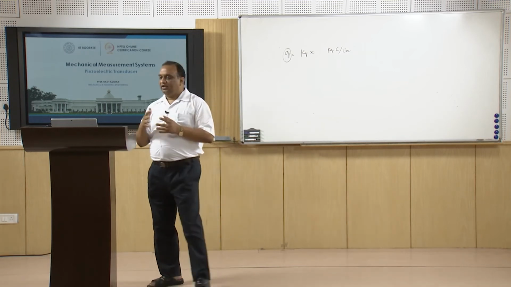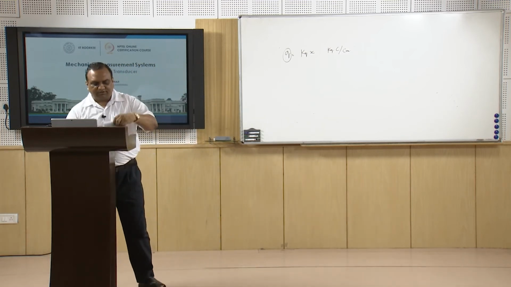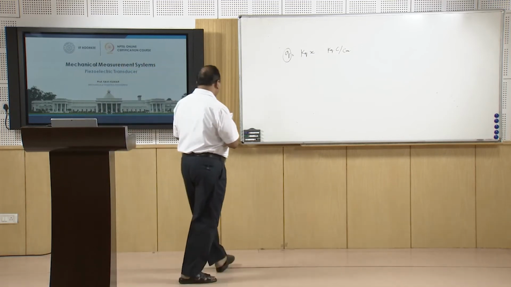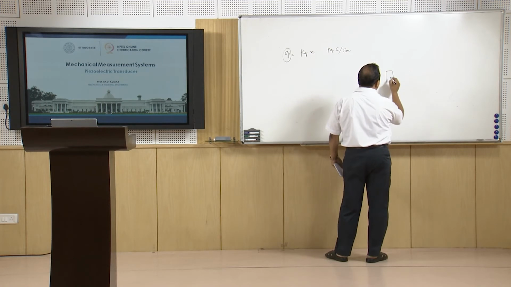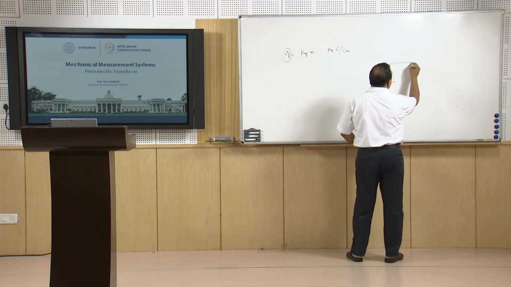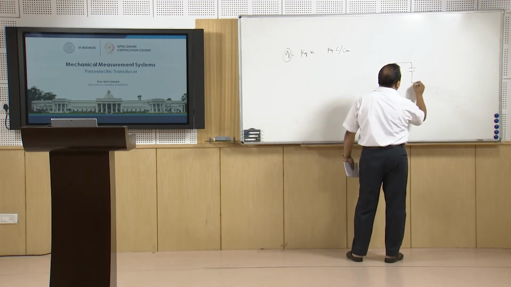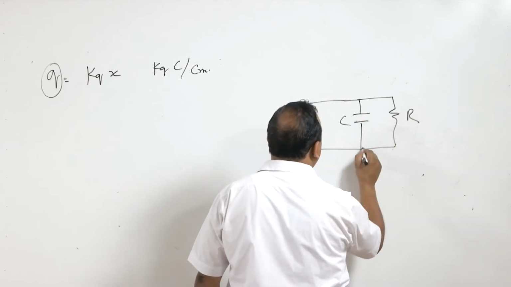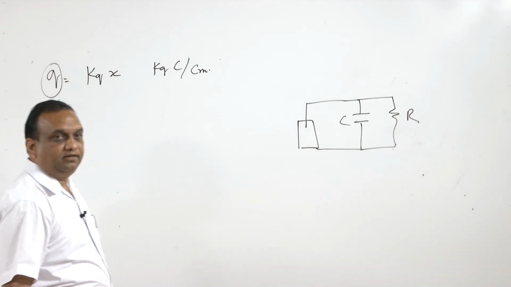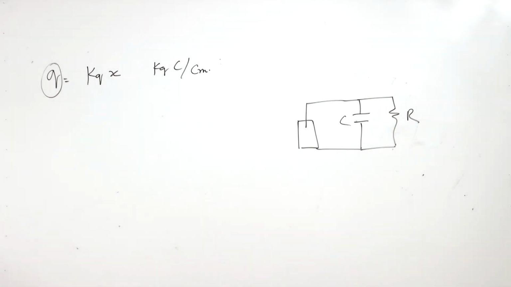So, if we want to finalize a circuit for a piezoelectric transducer, it is going to be like this. This is current in the crystal, and then it is an RC circuit, R and C. Because there is a capacitance in the cables, and then it goes to the amplifier, and the amplifier is also a high impedance amplifier.